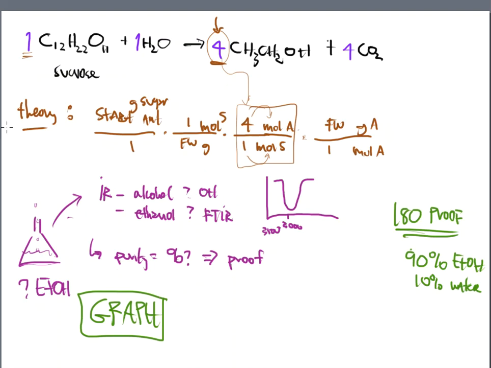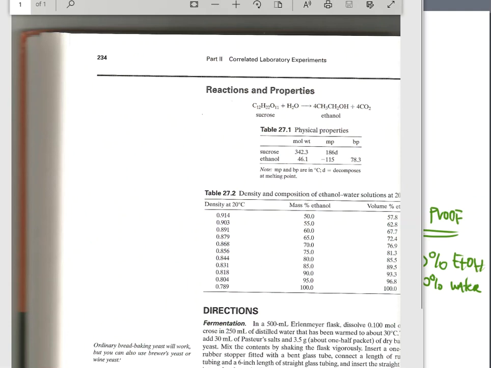All right, so in your laboratory manual, you will see on page 234, if you're using the red edition, this table. This table is 27.2, and it says density and composition of ethanol water solutions at 20 degrees.